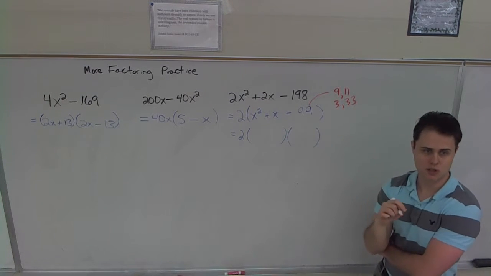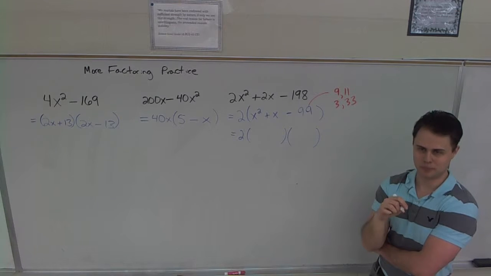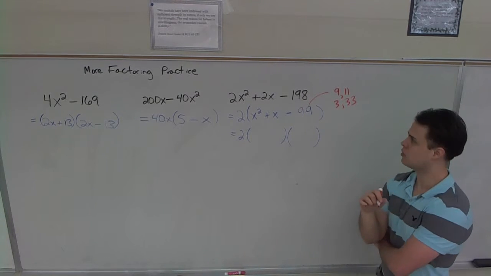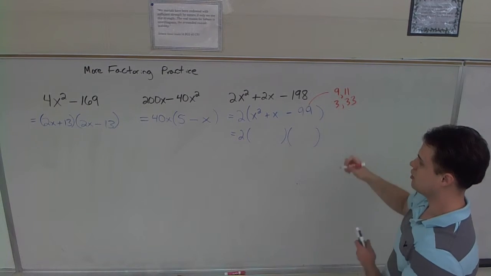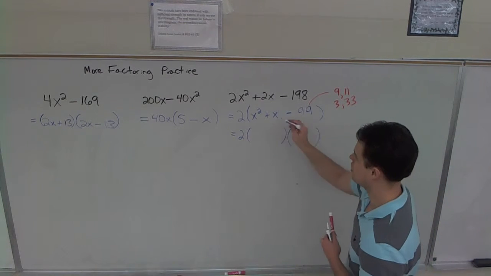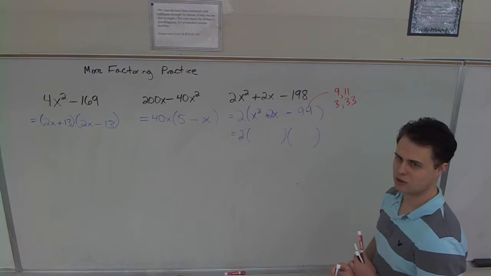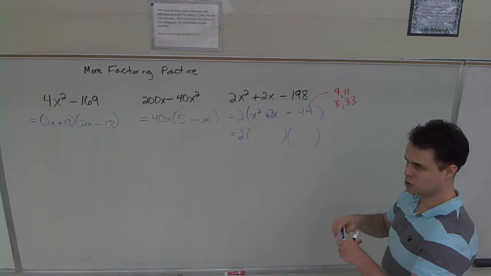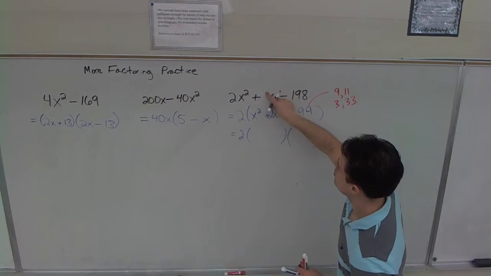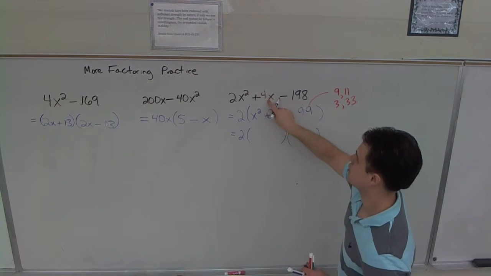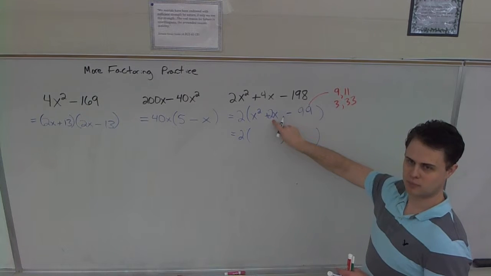How can we fix this to make it factorable? It's really close. 9 and 11 almost work, don't they? If this was a 2x, wouldn't we be set? So if I modify the original problem and make this be a 4x, then we'd have taken 2x out and had 2x left.